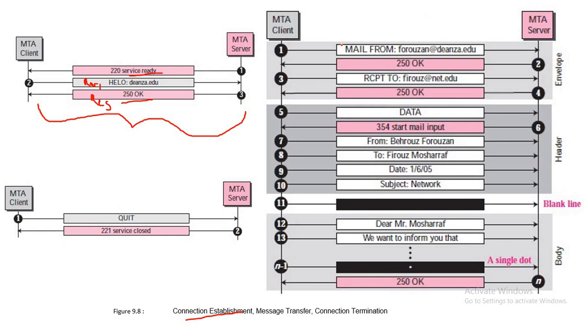Now message transfer. In message transfer, there is a message from the sender's address, and the server is allowing it. Then it places the address of the receiver whom they want to send to, and the server allows that. So that is an envelope or a cover. Then there is a second, actual data message for the body.